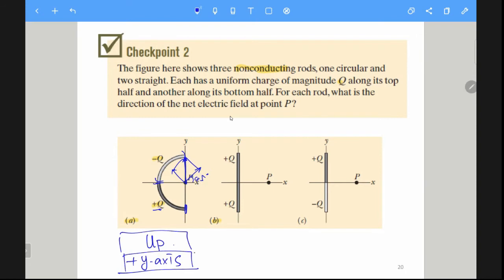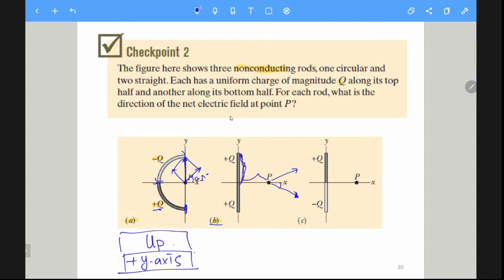And for part B, for the top part, it should point somewhere here. Actually, the angle would need to be calculated, but for this question we don't necessarily need to know it, because you don't know the lengths of this part and this part.